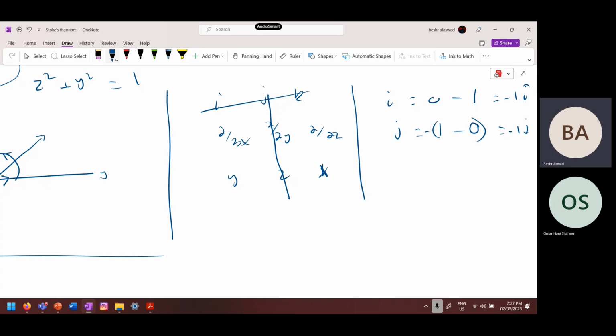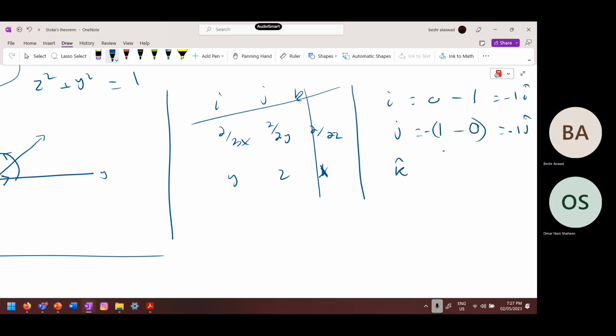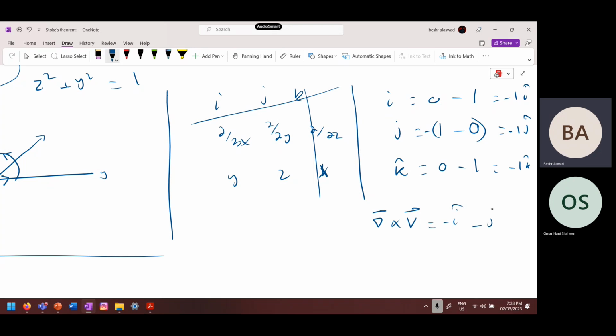We must not forget this, negative j hat. And k hat, partial x of z is 0, partial y of y is 1, so we get negative 1 k hat. This gives us that the curl of this vector is equal to negative i hat, negative j hat, and negative k hat.